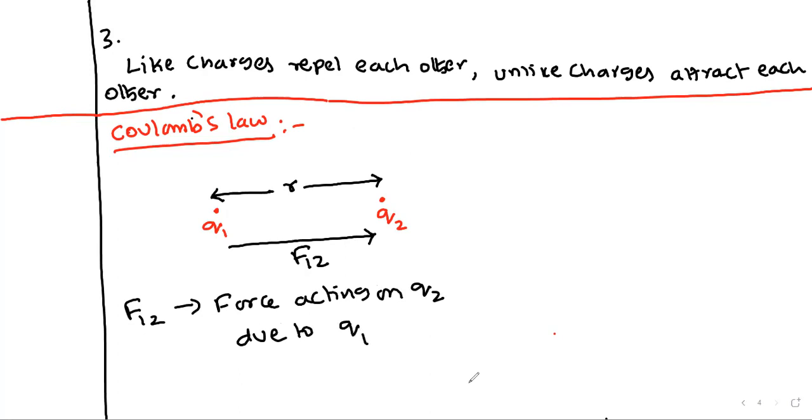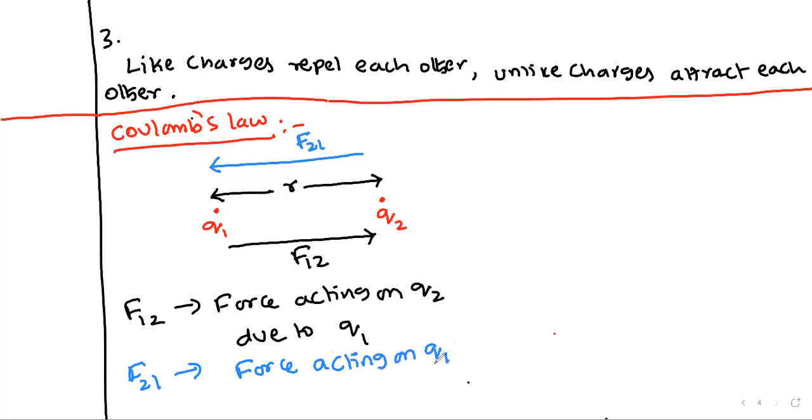According to Newton's third law, for every action there is an equal and opposite reaction. So there is a force which will also act on Q1, from Q2 to Q1, which I can call F21. F21 is the minus of force F12, acting on Q1 due to Q2.